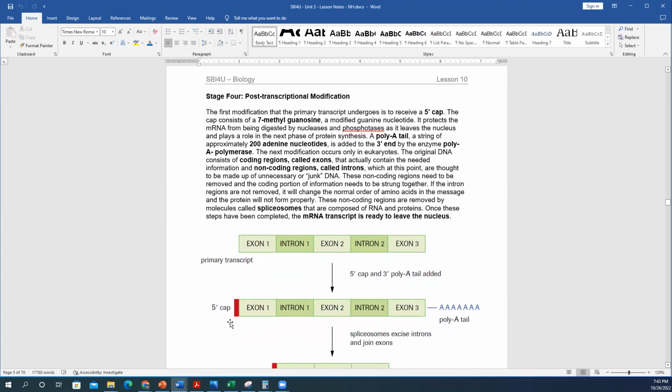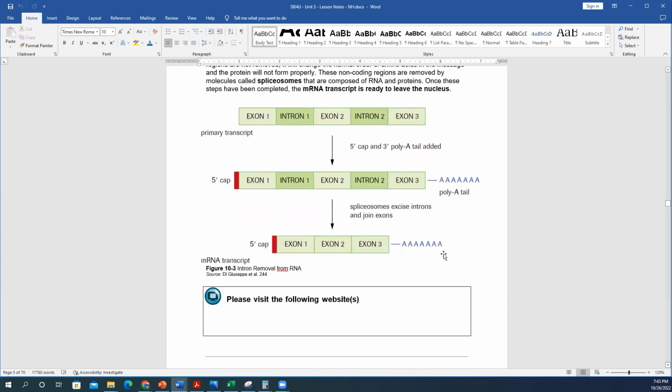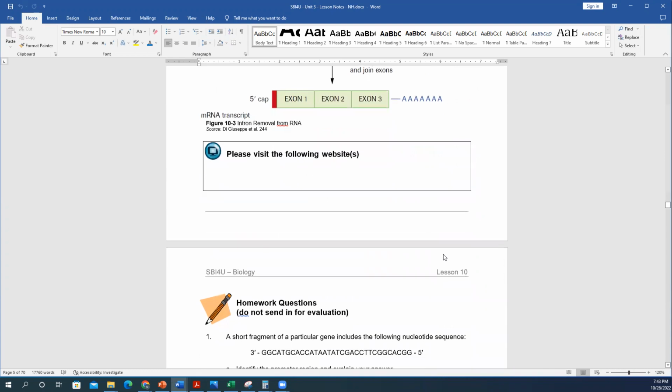You also need a 5' cap and a poly A tail added to stabilize this mRNA. And finally, when all three of those steps are done, you have an mRNA transcript that is ready to leave the nucleus.